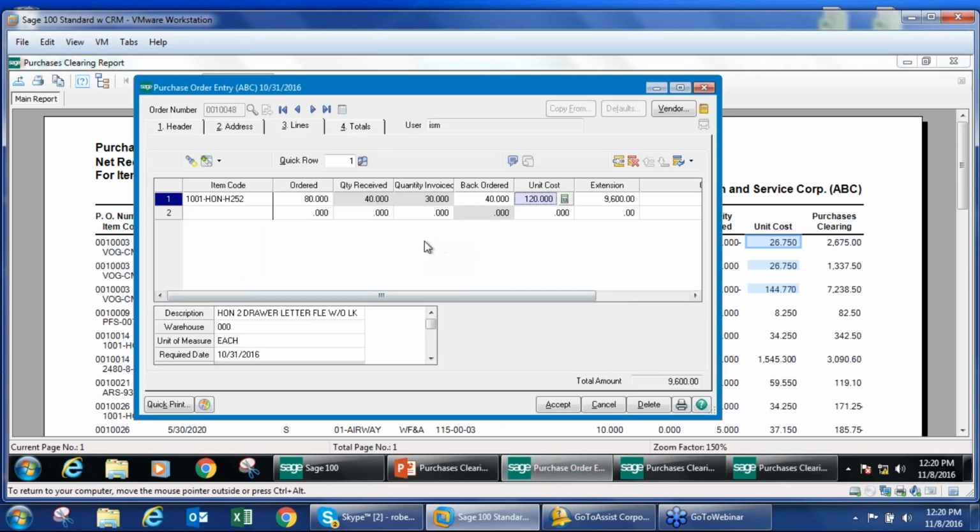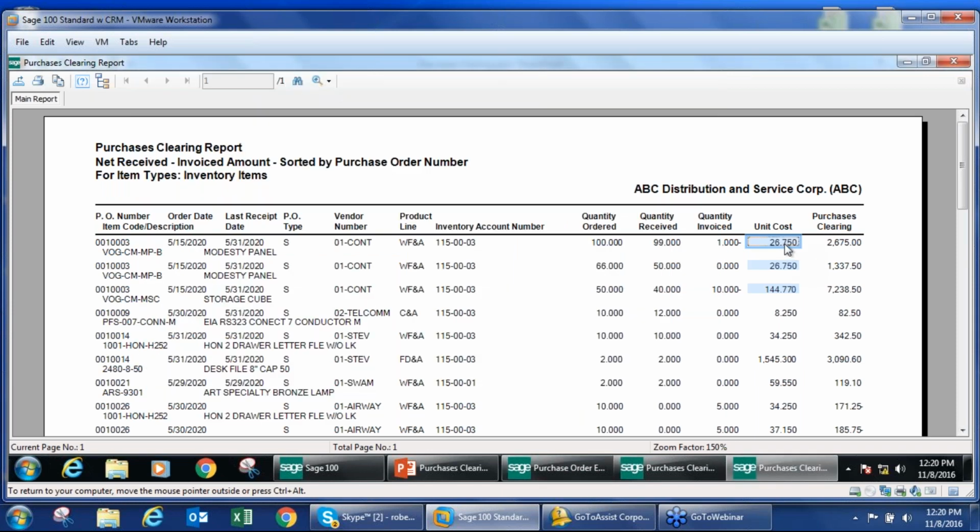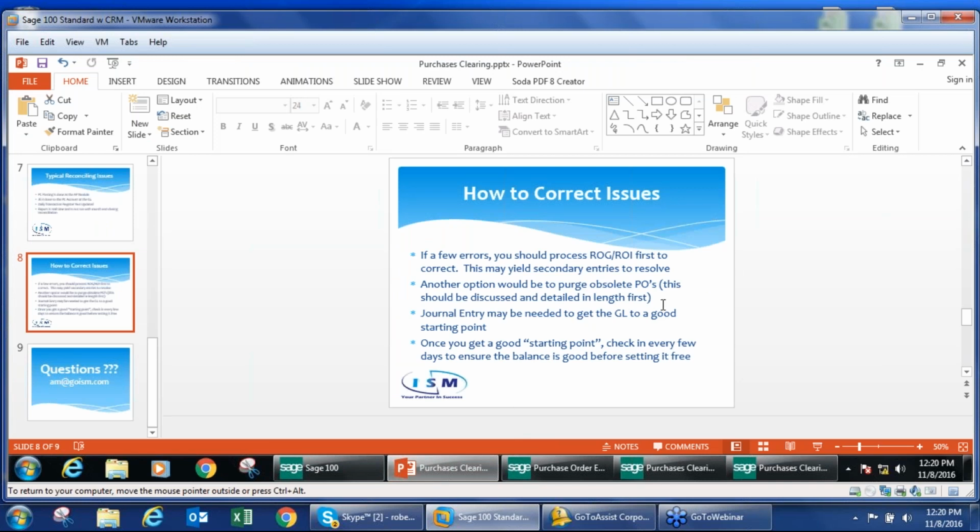Now again, before we arbitrarily begin purging things, you definitely want to speak to us and we can identify that this is the best route of action and how we can proceed. There is a utility for purging POs, but it certainly should be discussed and detailed prior to going that direction.